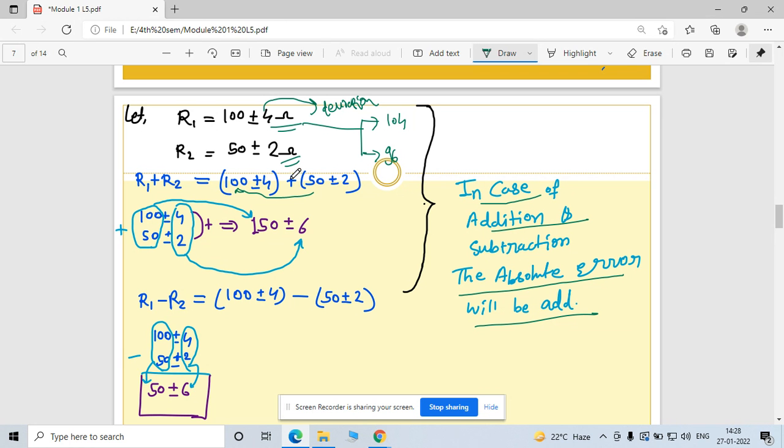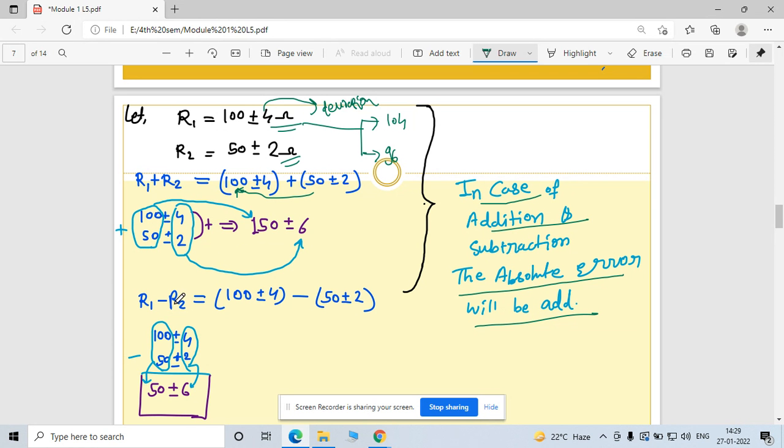This is directly added, and this absolute error, at any condition, either addition or subtraction, will always be added. That's why 4 plus 2 is 6, and this is addition, that's why 100 plus 50 is 150.